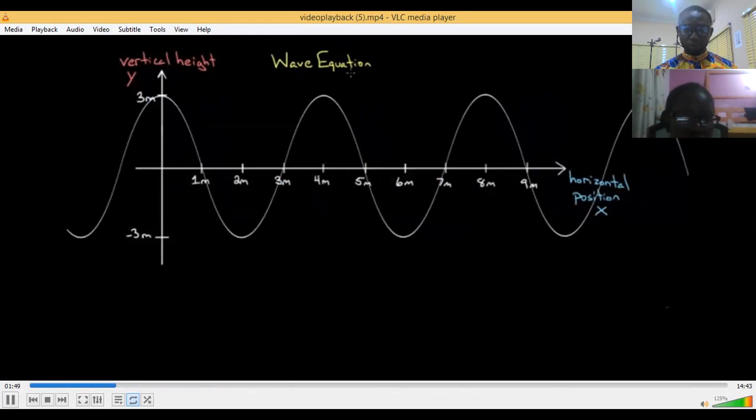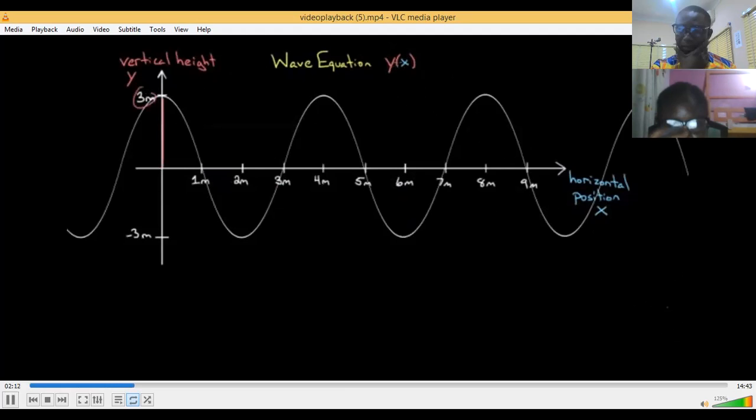And so what should our equation be? It should be an equation for the vertical height of the wave that's at least a function of the position. So this is a function of, not multiplied by, but this y should at least be a function of the position, so that I get a function where I can plug in any position I want. Let's say x equals 0, and it should tell me that's at 3.